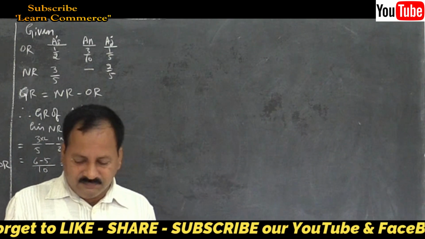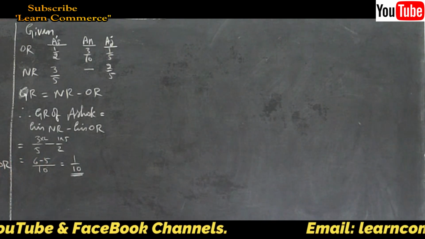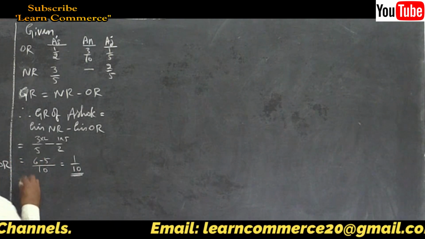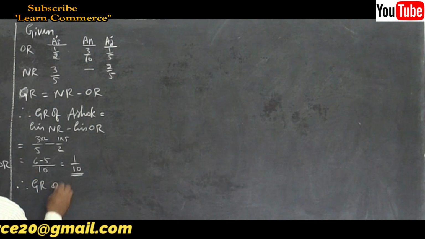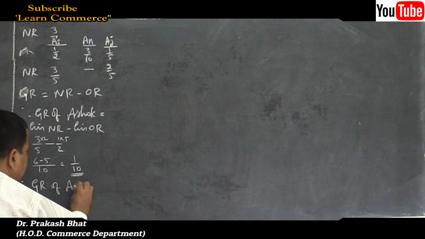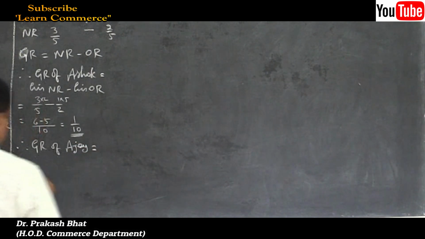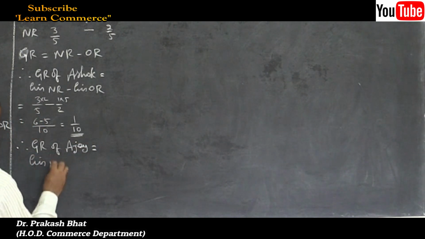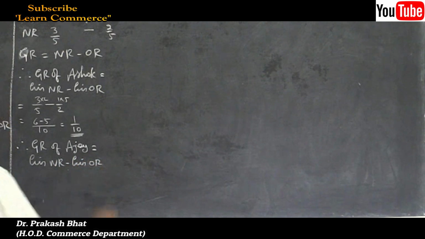Now, the other one. Therefore, GR of the other partner Ajay is equal to his new ratio minus his old ratio.